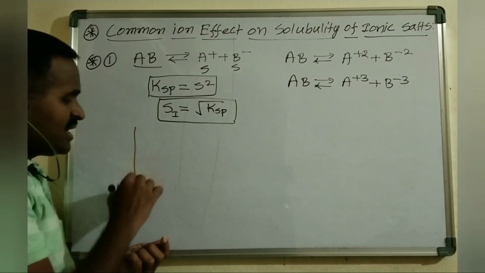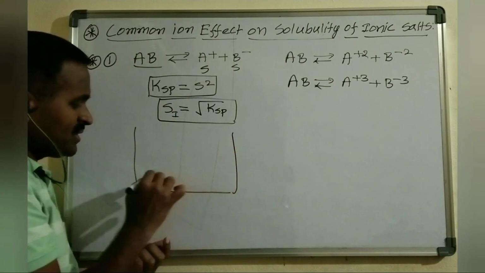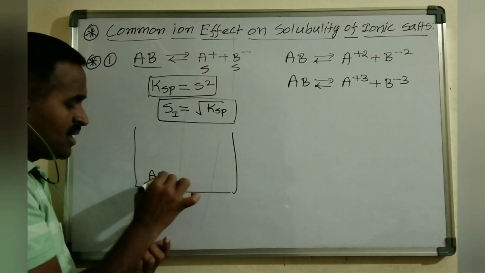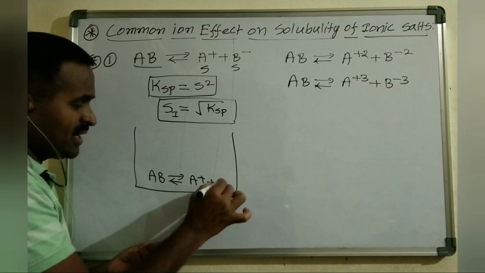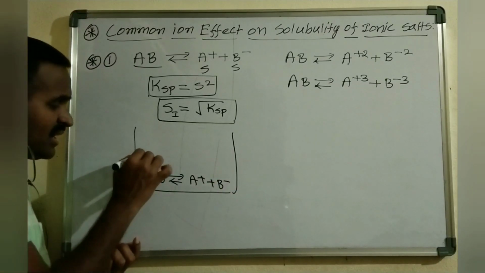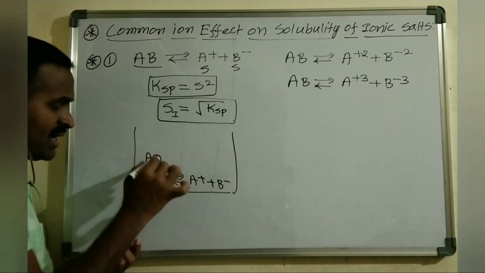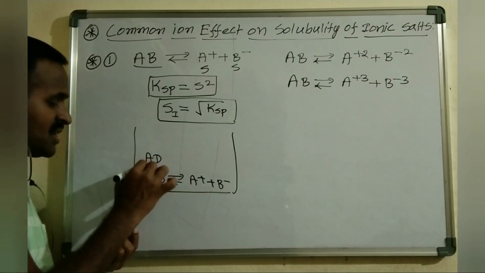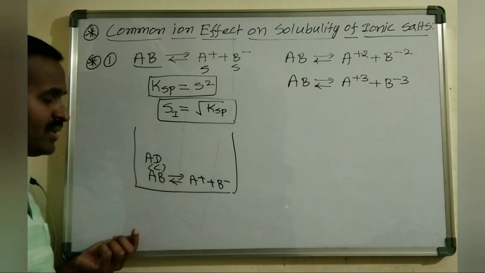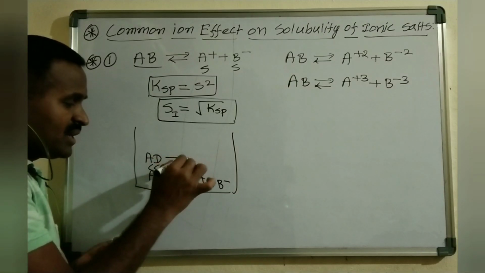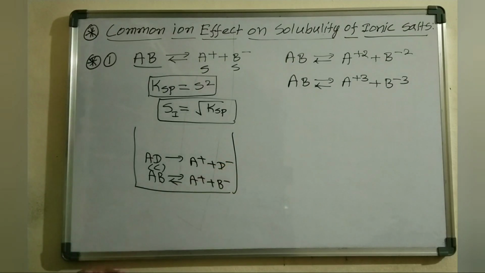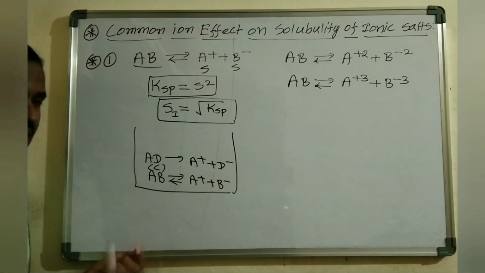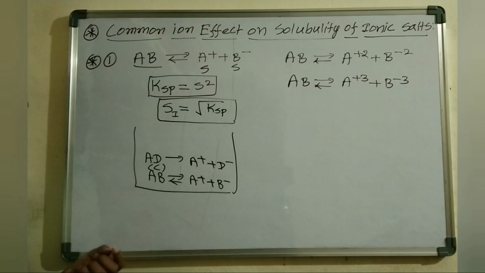Here I am taking this AB type of electrolyte, which dissociates into A plus and B minus. For this, an ionic salt is added that has the concentration C. It dissociates into A plus and D minus, and this concentration C of ionic salt is added to the AB type of electrolyte.